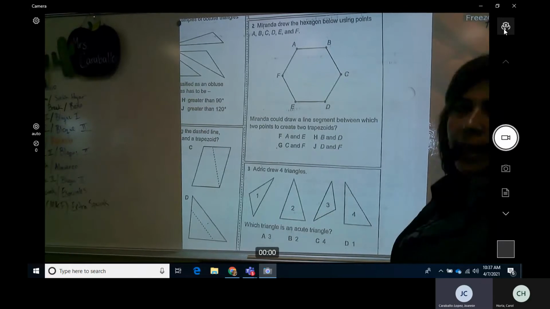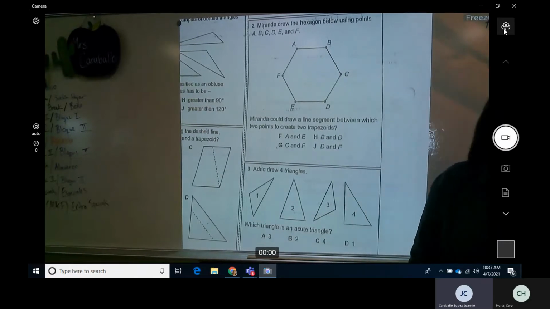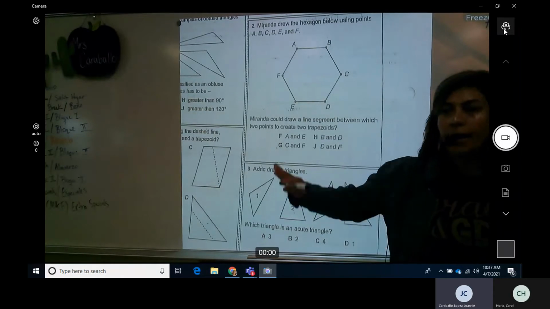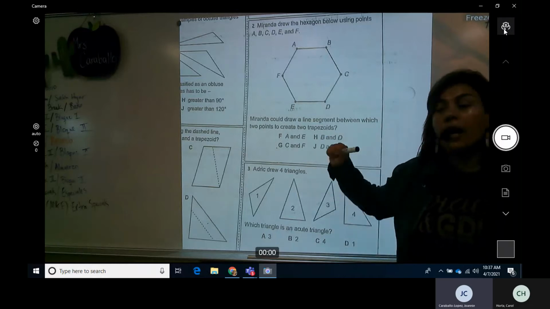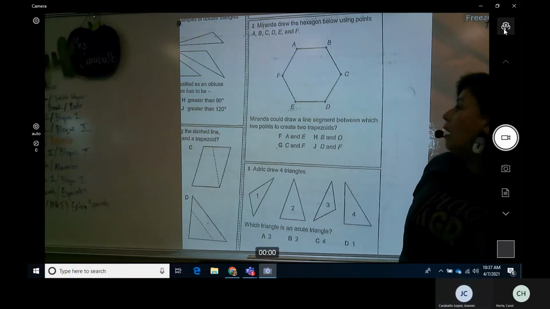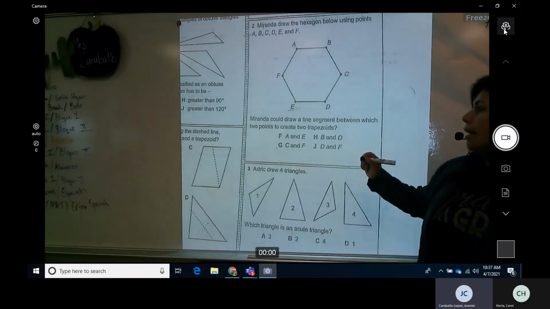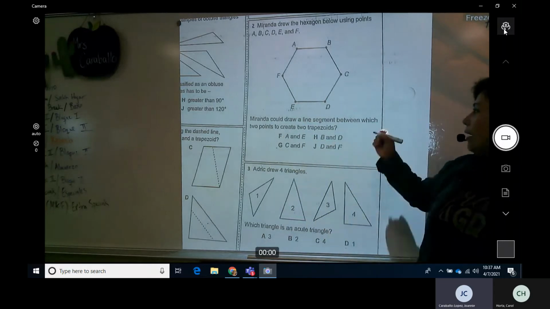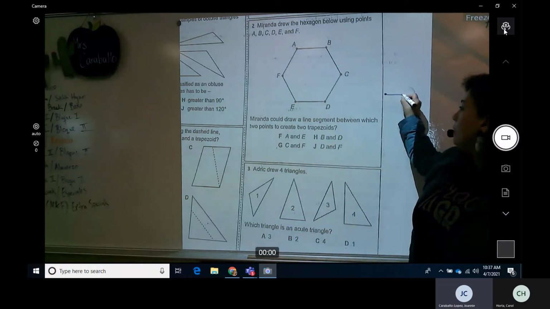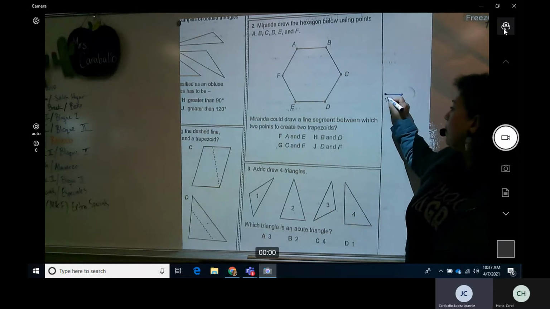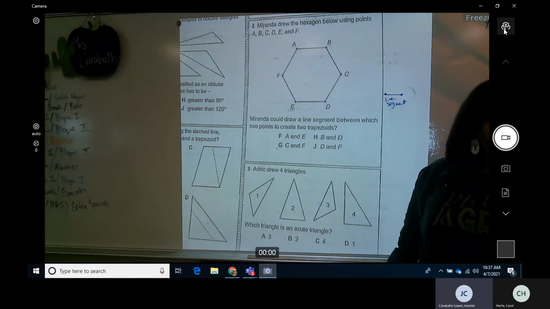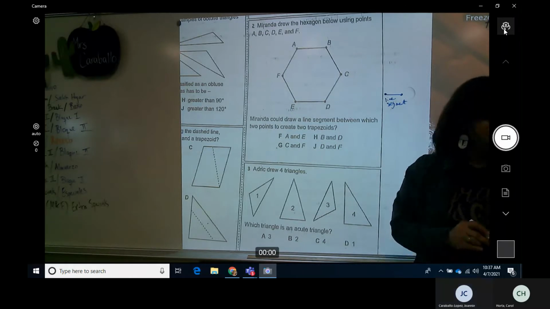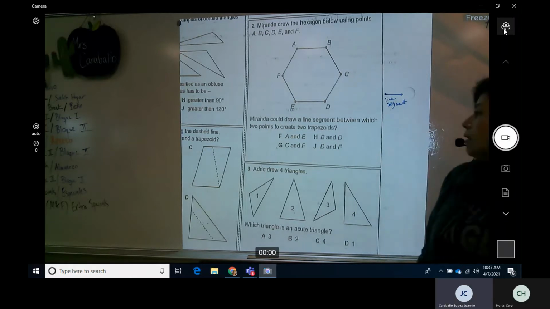So how many sides did we say a hexagon has? 6. Who said 8 again? Hexagon 6, octagon 8. Okay. All right, so Miranda could draw a line segment. Where's the line segment? It looks like this. So I'll write line segment because I know what it is. This is my brain dump on the paper, right? You should be doing the same thing. So I know what a line segment is.